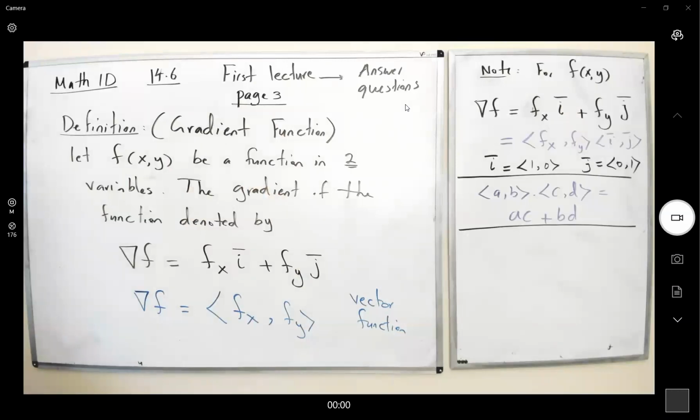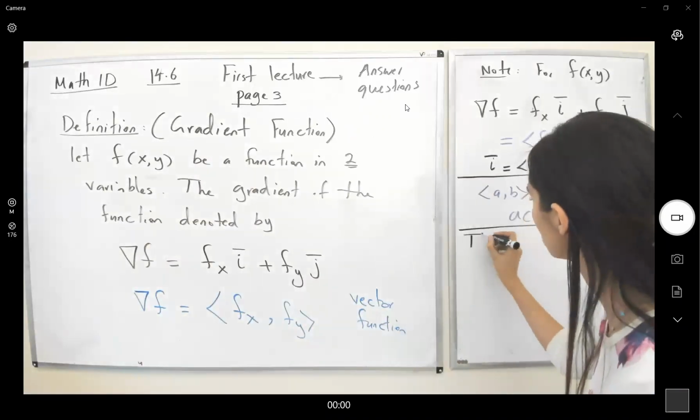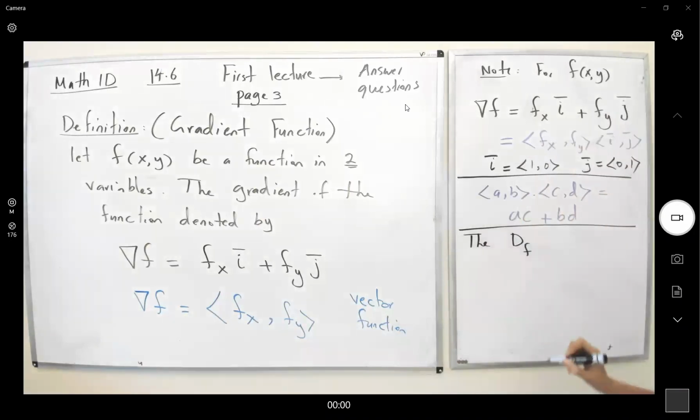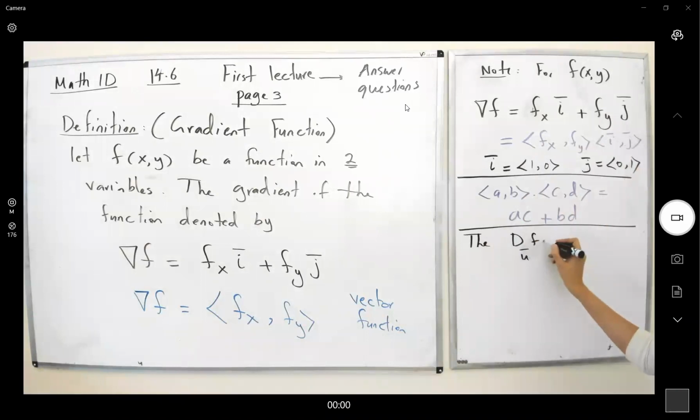So now think about your directional derivative. The directional derivative of function f in the direction of vector u at the point (x sub 0, y sub 0) is defined as, very well, here you have f sub x evaluated at point (x sub 0, y sub 0).